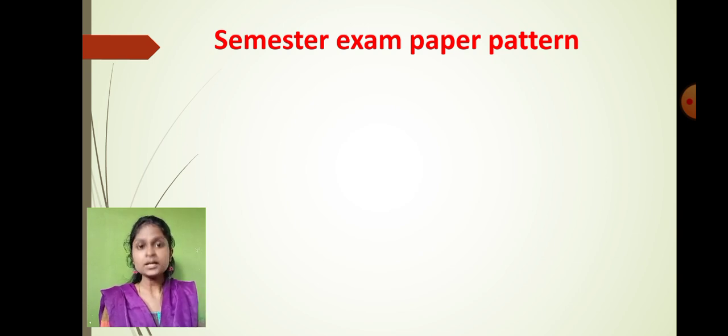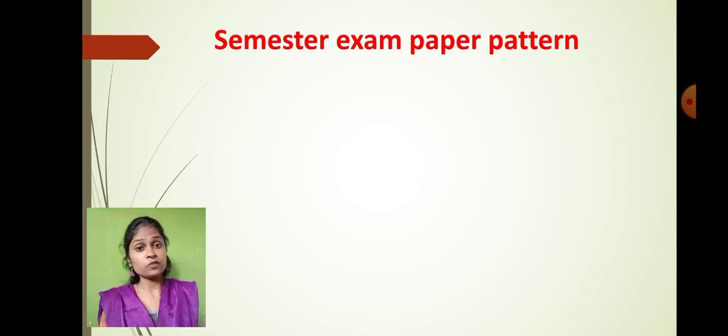For 40 marks there are a total of 5 chapters: lesson number 2, lesson number 3, lesson number 4, lesson number 6, and lesson number 8. These are the 5 lessons which will be there for your semester exam pattern.